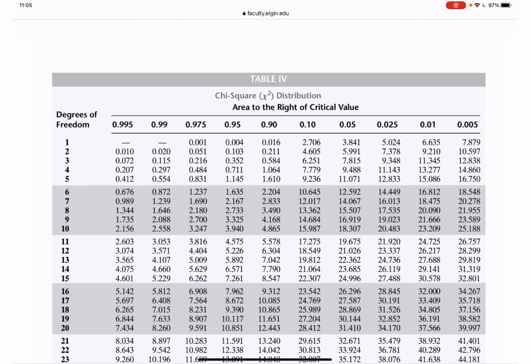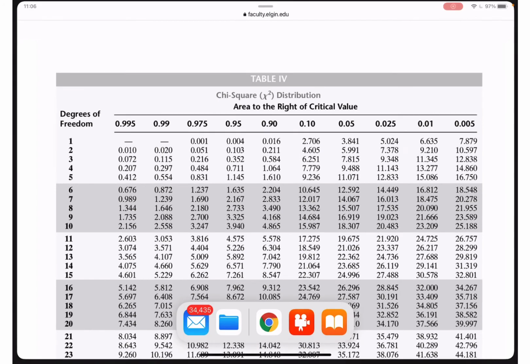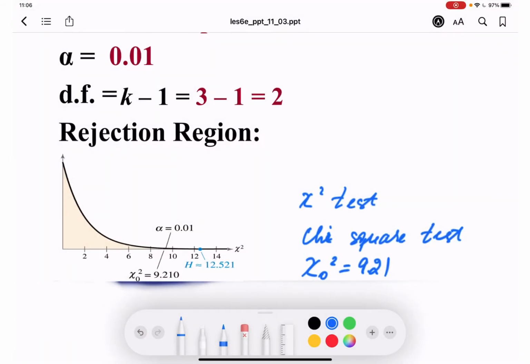It's the second row and the column before the last one. So 0.01 horizontally, you are looking for the alpha, and degree of freedom is 2. The intersection gives you 9.21. And that is our chi-square critical rejection area. It's right here.